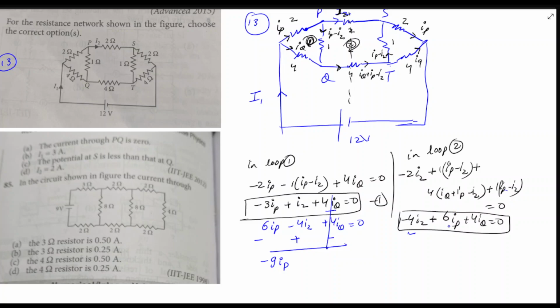For IP, it will be 4IP and 1, and this will be 6IP. So this is also correct. And for IQ, IQ is only once, 1 here, right? Yes, so it will be plus 1 IP minus this is 4IQ. Okay, so this is correct.